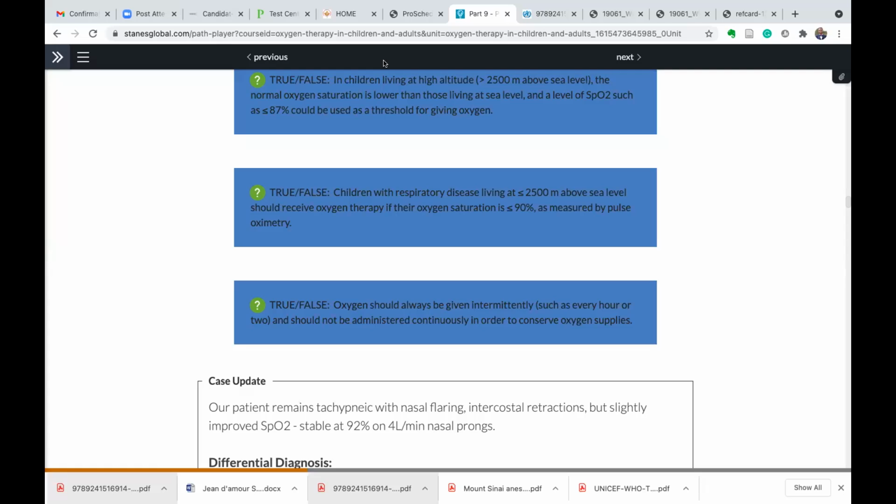Really, COPD is diagnosed in people, mostly smokers or people who have occupational exposure to dust, things like that. Then they develop chronic bronchitis, and then they have chronic cough.